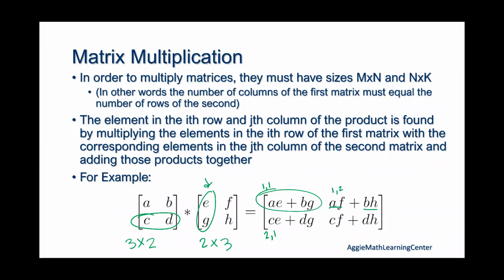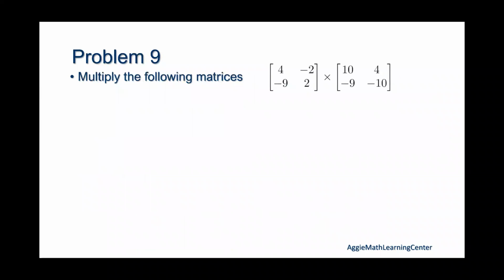I feel like with matrix multiplication, the best thing to do is practice with a bunch of 2 by 2 matrices so you can see how everything works together. So that's what we're going to do. We're just going to practice it.